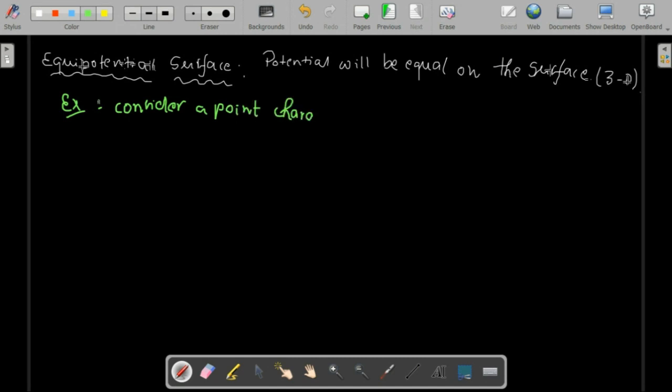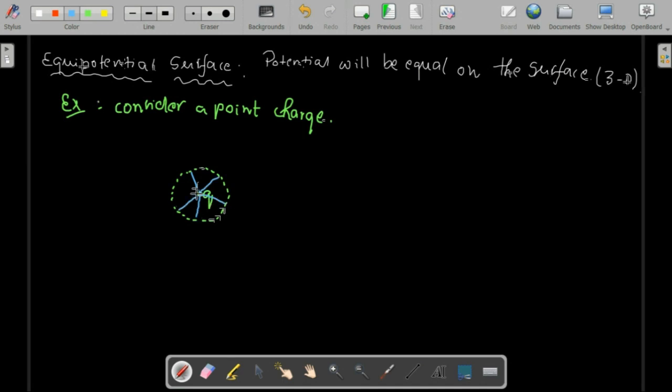Now what happens is, if you consider a point charge, maybe here we have Q, and you draw a sphere, all these points on the sphere, which we can look at in the form of a circle. It's a positive charge. At all points, the electric field will more or less remain the same.